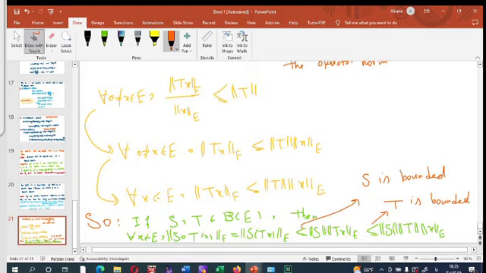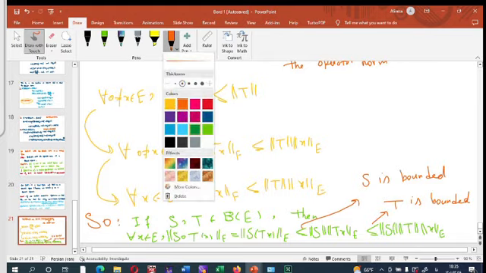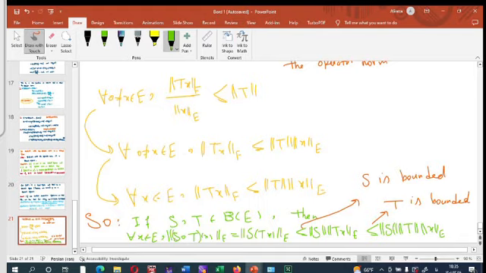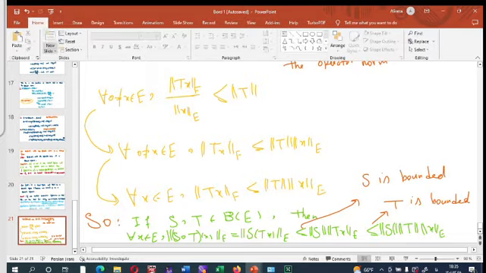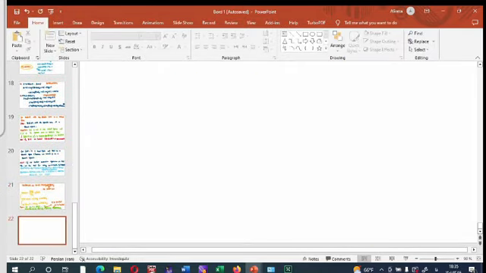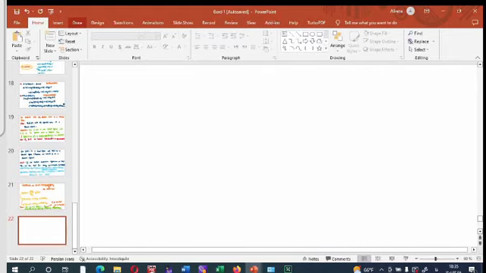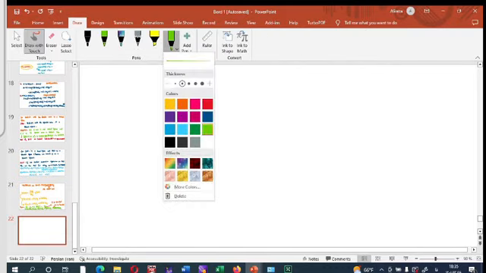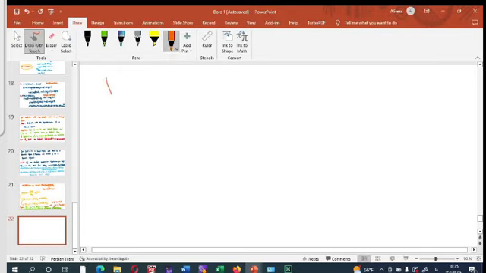So we have this property. Let me write this for you again: for any x in E, the norm of S∘T of x is less than or equal to the norm of S, the norm of T, the norm of x.